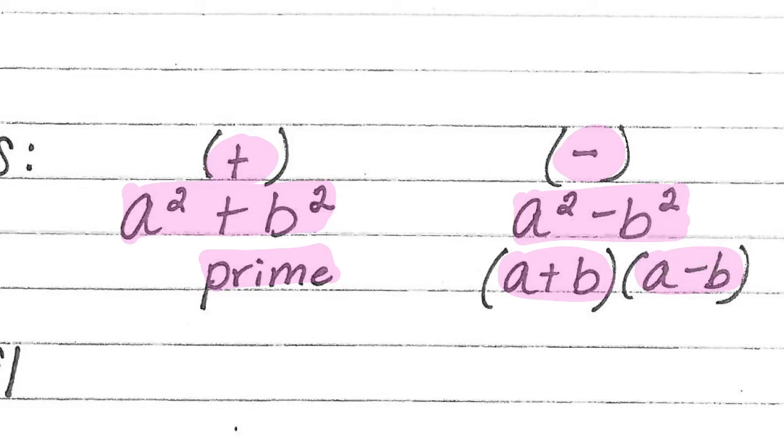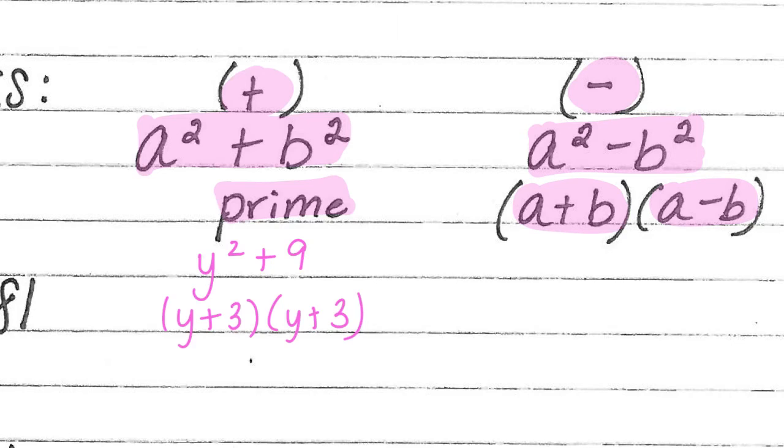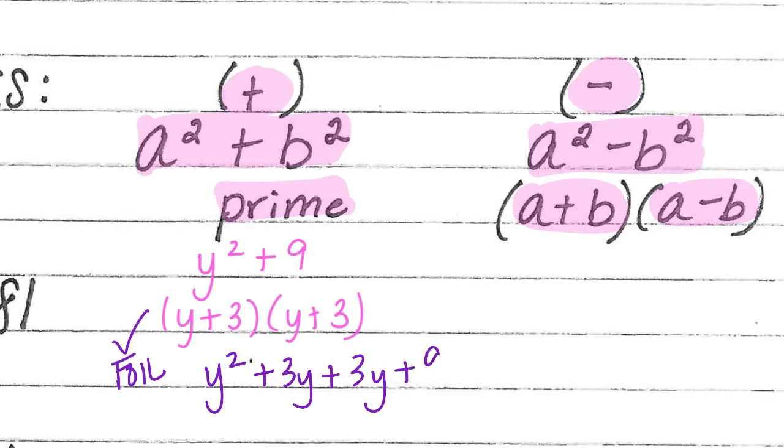Now let me take a minute to discuss this. A lot of people think that y squared plus 9 would be y plus 3, y plus 3. And I see why you would think that, but let's check this back by foiling. If I foil this to check it, first terms are y squared, outer terms are 3y, inner terms are 3y, last terms are 9.